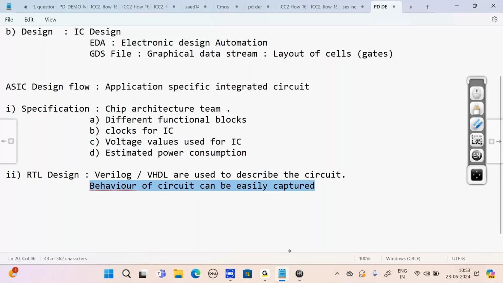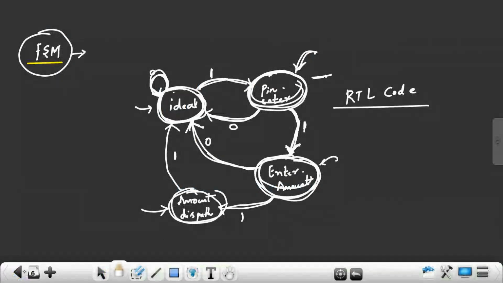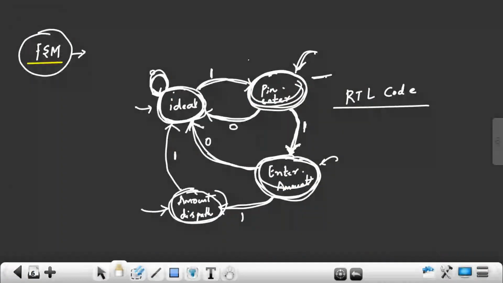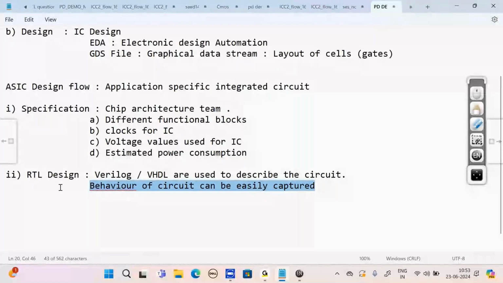I cannot directly code the internal structure of a circuit, or of my ATM machine. So first I will describe this ATM machine in the form of behavior by using Verilog or VHDL. Then what is the next step?